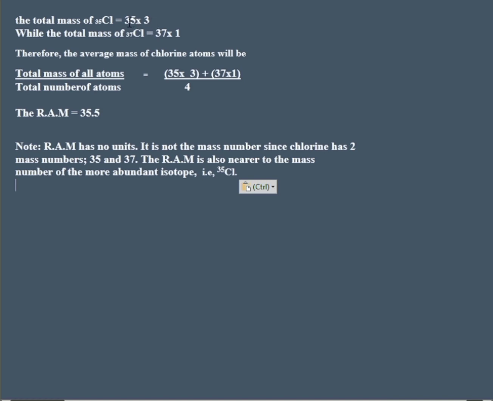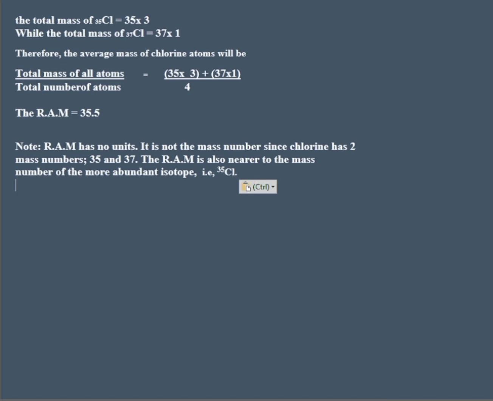Here, the abundant isotope is chlorine 35, because it has 3 atoms compared to the 37 that has 1 atom. So the relative atomic mass will be around 35, and what we got is 35.5.